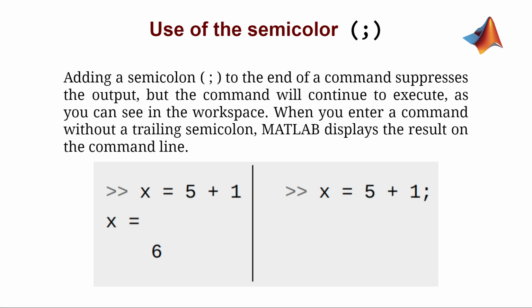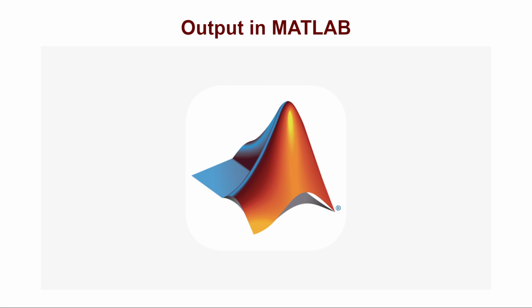There will be many times that instead of having a simple code, we will have a very big and extensive code or algorithm in which, in the middle of the program, we perform certain operations and the display of their results is not important. These might be some auxiliary variables, or when we are working with loops, computing the same operation over and over again and displaying it in the output is not smart and practical. So we need to omit these displays with the semicolon. With this, we finish the output in MATLAB lesson.